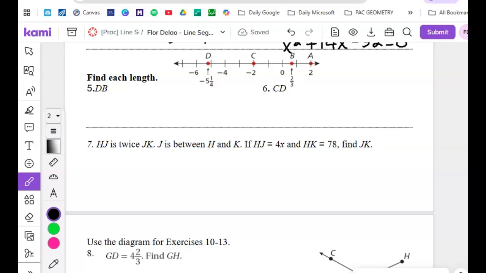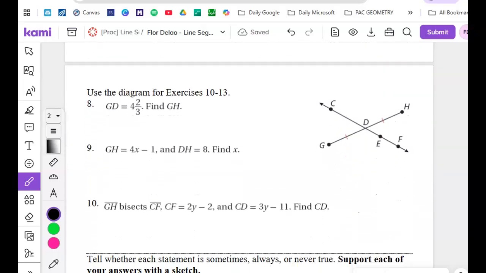How would I convert this negative 5 and 1/4 to an improper fraction? 4 times negative 5, negative 20 minus 1. It's 4 times 5 plus 1. Y'all see that?